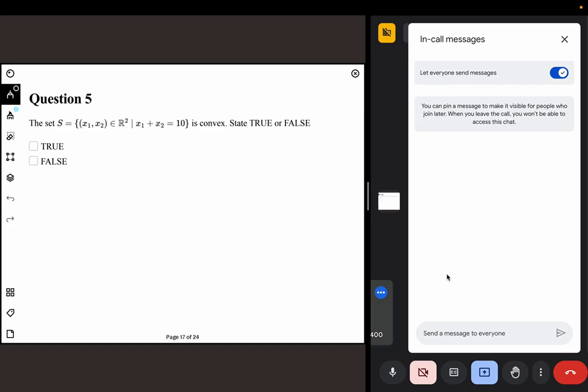Okay. This is another one. You have a set x denoted by this line, x1 plus x2 equal to 10. Is this a convex set? If you just draw this, this is x1, this is x2, and x1 plus x2 equal to 10 is something like this.